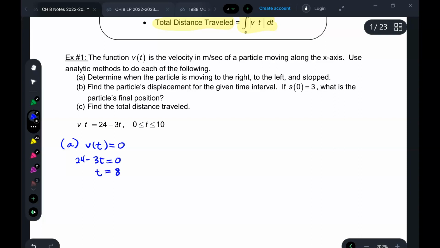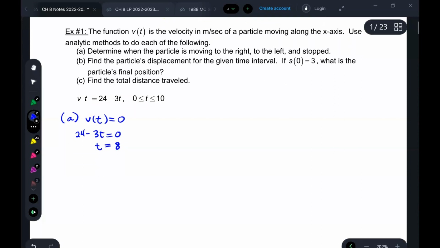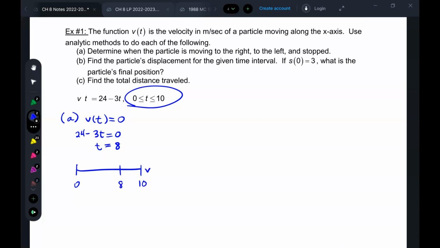8. Okay, so we're going to make a number line going from 0 to 10, and then we'll put 8, and I'm going to label that as v. Well, what happens from 0 to 8? If we remember, this is where we're going to plug in values. If I plug in, it's going to be positive, and then if I plug in something between 8 and 10, say 9, negative.